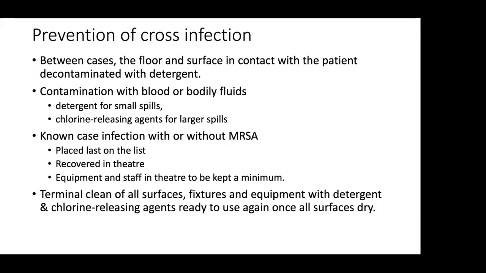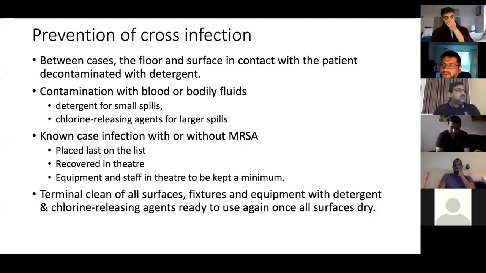They are usually recovered in the theater to avoid cross contamination. The equipment and staff in the theater during the case should be kept to a minimum to avoid contamination. And terminal clean of all surfaces, fixtures, and equipment with detergent and chlorine releasing agents, and the theater is ready to use again once all the surfaces are touch dry.